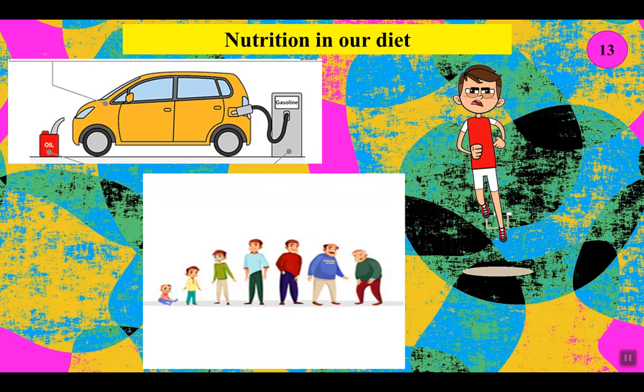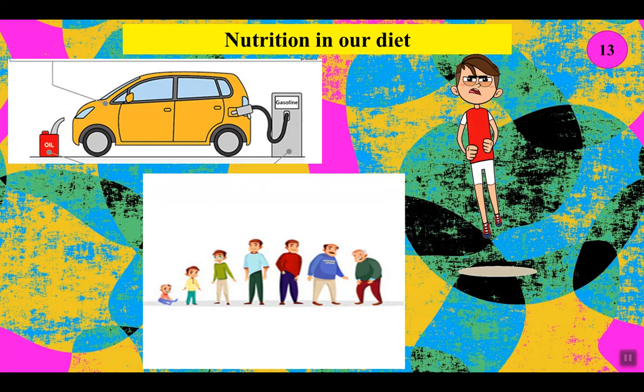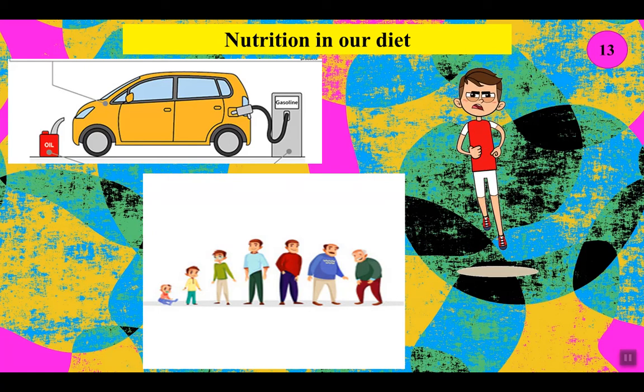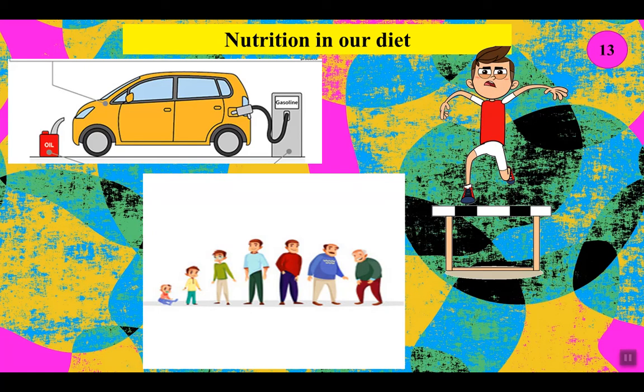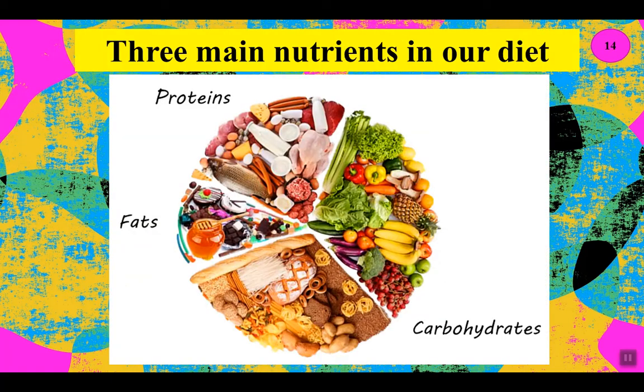We use the energy to carry out everything from maintaining organ functions to doing physical activity. We need certain substances from the food we eat to live, grow, and reproduce. There are three main nutrients in our daily diet, namely carbohydrates, proteins, and fats.